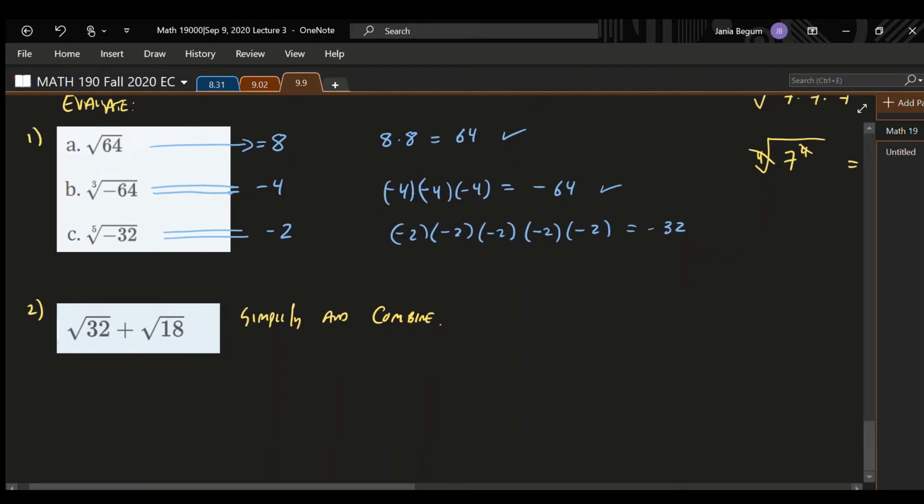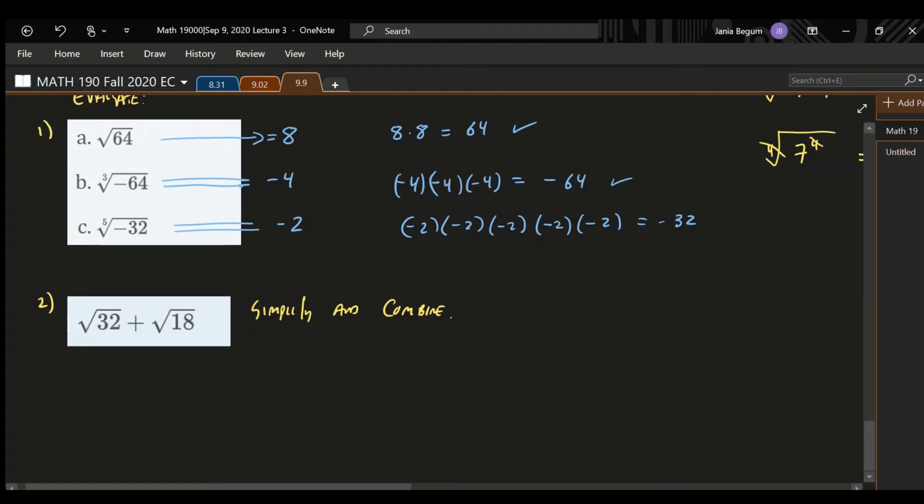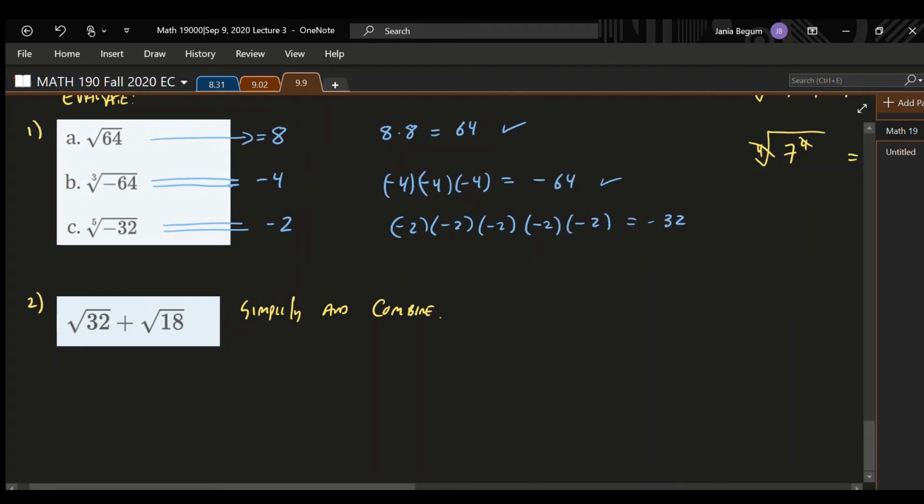For this one, we want to simplify as much as we can. 32 and 18, none of them are perfect squares, but they have a hidden perfect square. So we're going to use the properties to simplify. How do we simplify the square root of 32? Okay, so we can do 16 times 2.